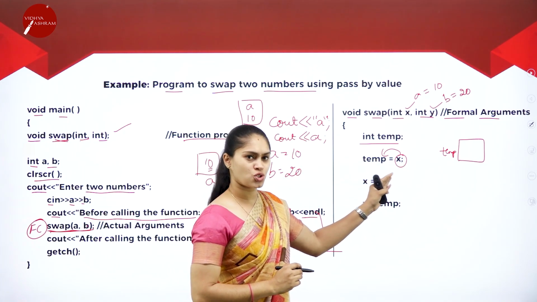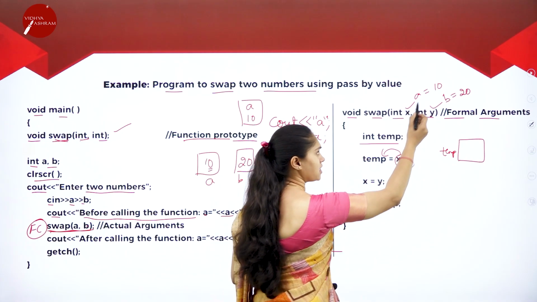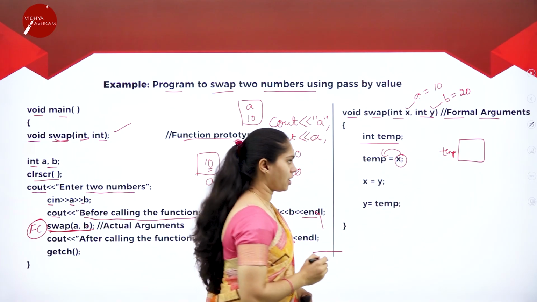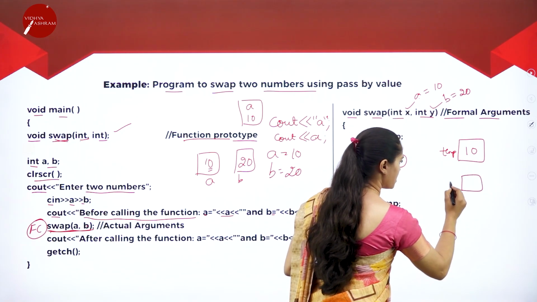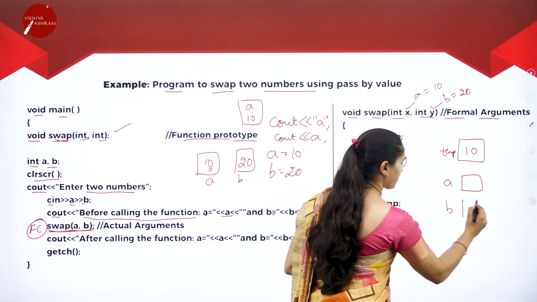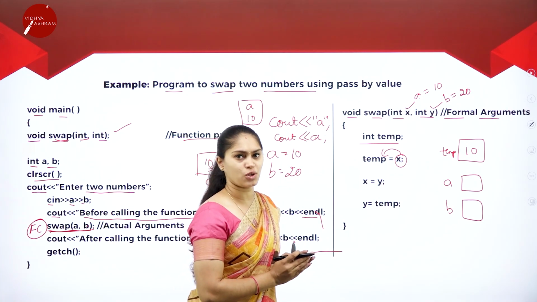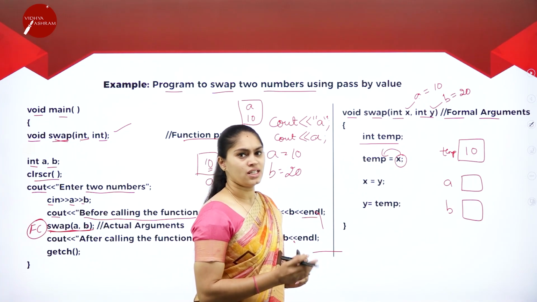So the assignment is from right to left. What we have in x is nothing but 10, A. That value will be copied to temp. So as of now, temp becomes 10, and consider this as A and this as B. Now A's value becomes null. That means there is no value in A right now, because whatever we had in A has been copied to this temp.